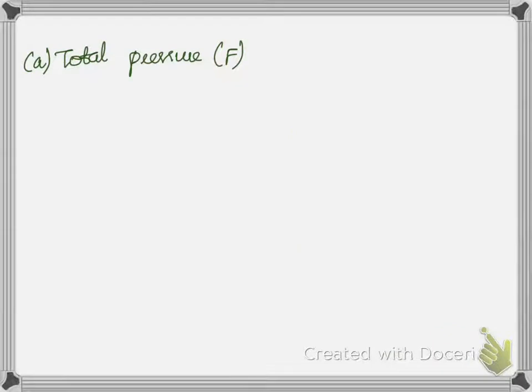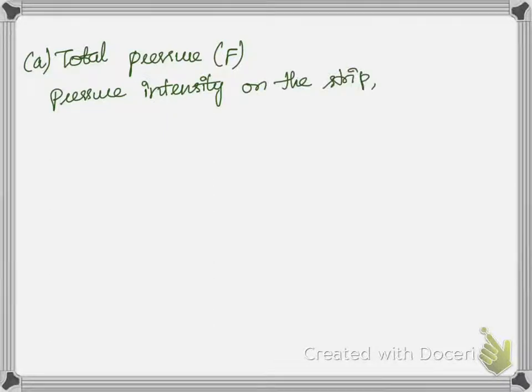Now how are we going to calculate the total pressure? First, we calculate the pressure intensity of the strip. It is very simple. We have learnt in the previous slide using our hydrostatic law that p is equal to rho g h. So this will be the pressure intensity for the strip, and next is the area of the strip.